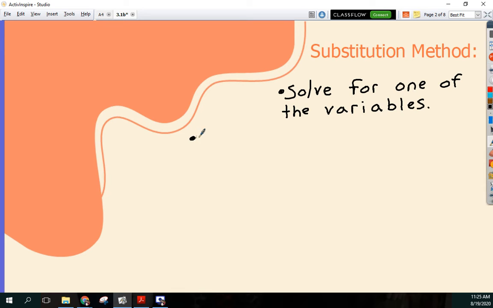Then our next step is to substitute, which makes sense because it's called the substitution method.